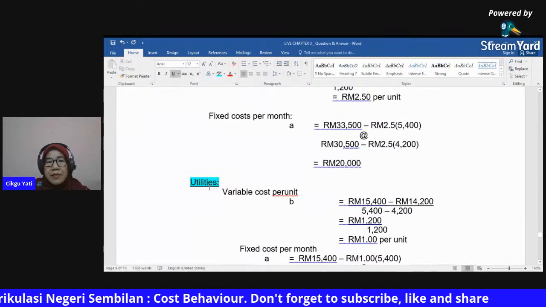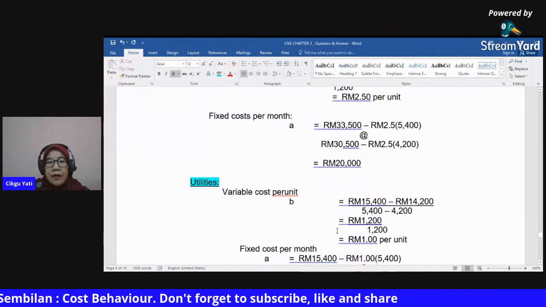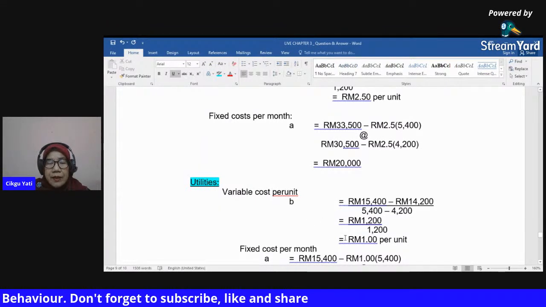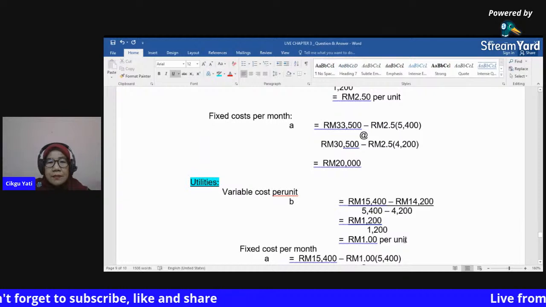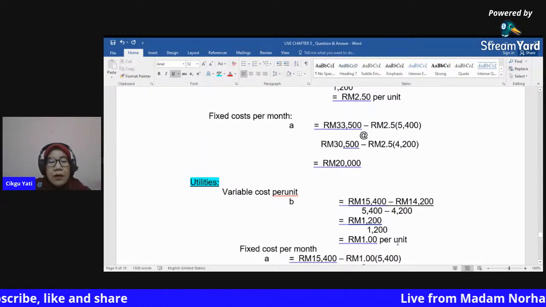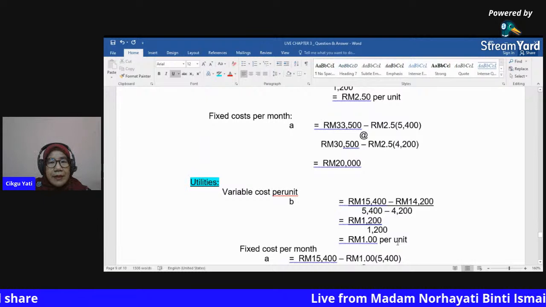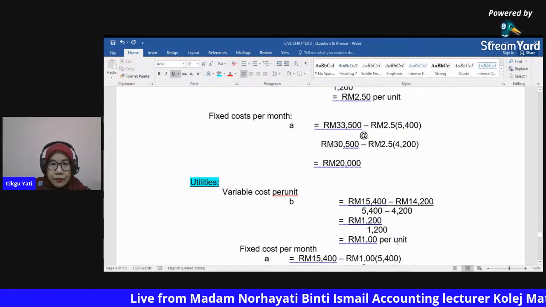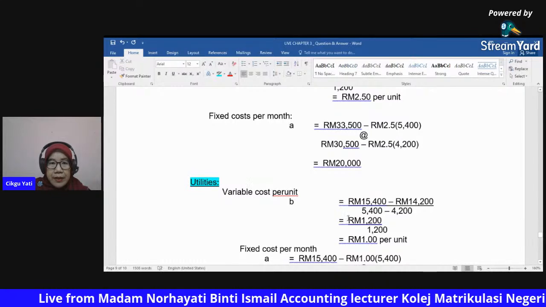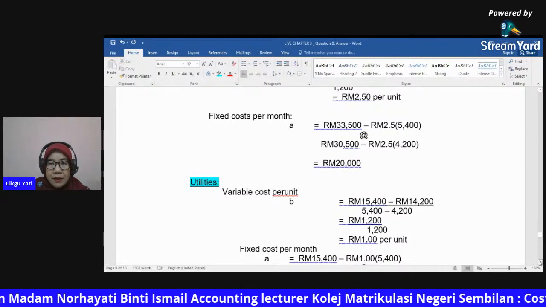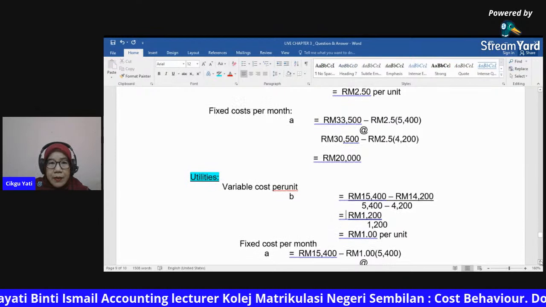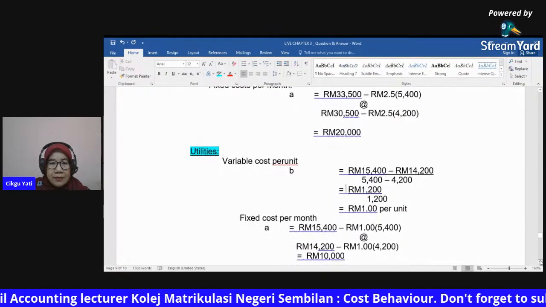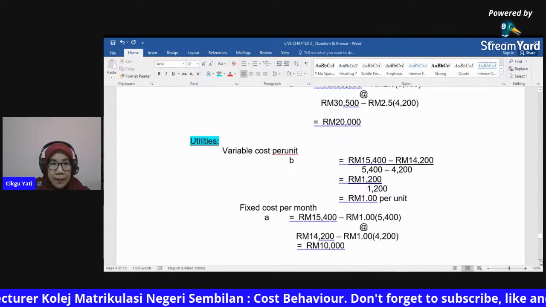We substitute the amounts and you get a variable cost per unit of RM 1 per unit. Then you substitute the variable cost per unit into the formula because we want to calculate fixed cost. This is the second step.